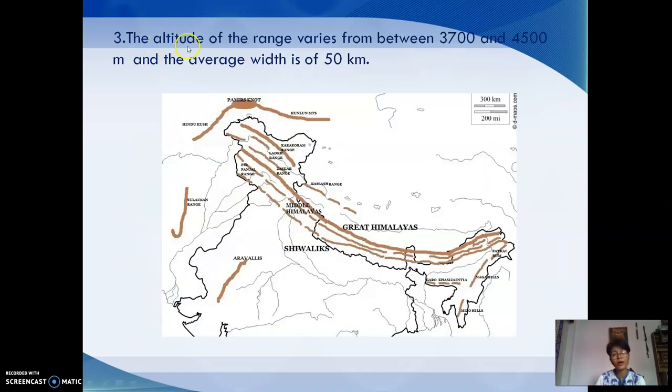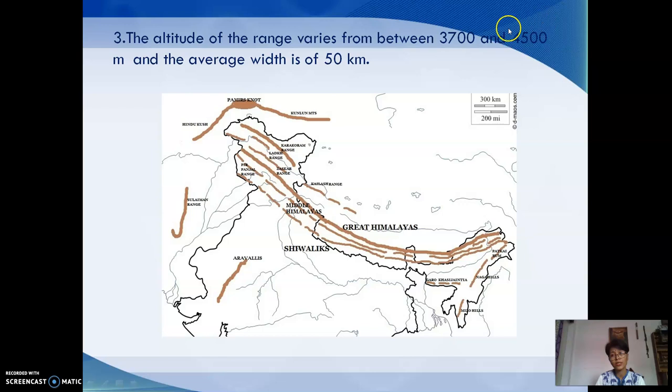Now, third point, the altitude of the range varies between 3,700 and 4,500 meters, and the average width is 50 kilometers. Altitude means the height. Whenever you see the position of middle Himalaya, this portion I'm showing here, the height of the different mountains which lie over this range may be from 3,700 to 4,500.